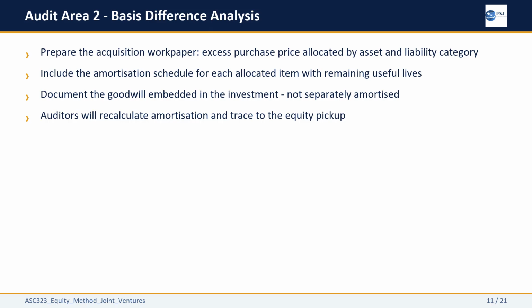Goodwill embedded in the investment is not separately amortized under Accounting Standards Codification 323, but it must be documented and considered in any impairment assessment. If your work papers are missing or incomplete, this is typically the highest risk area for audit findings.